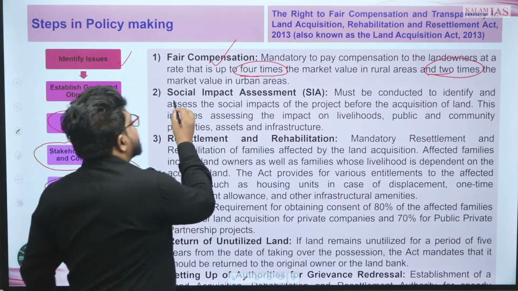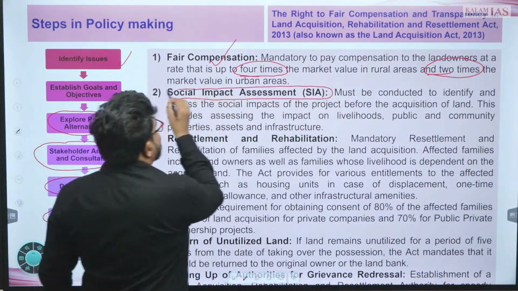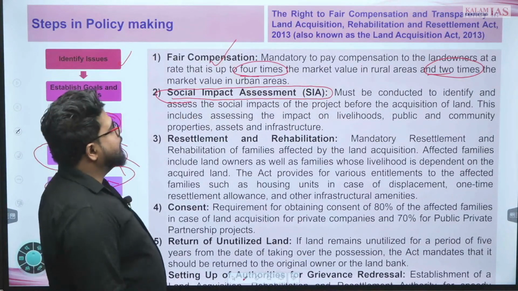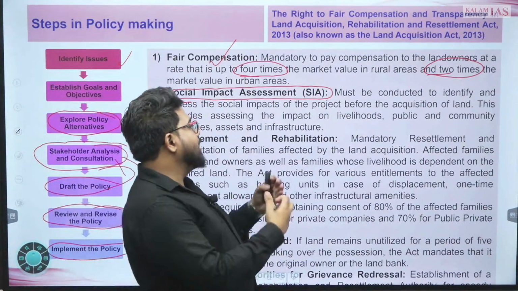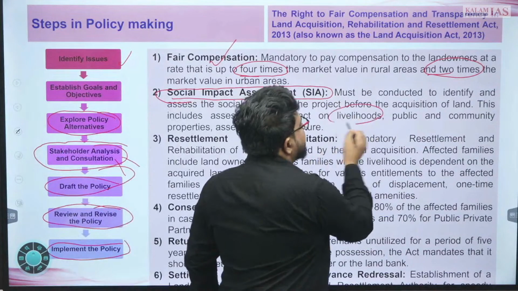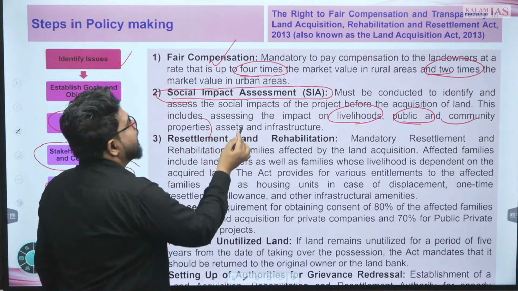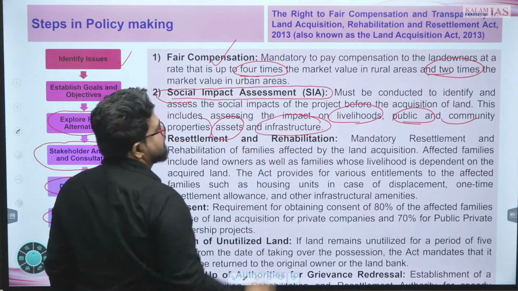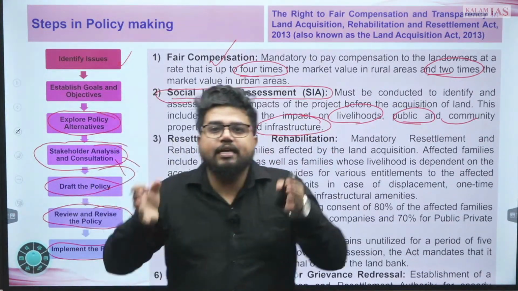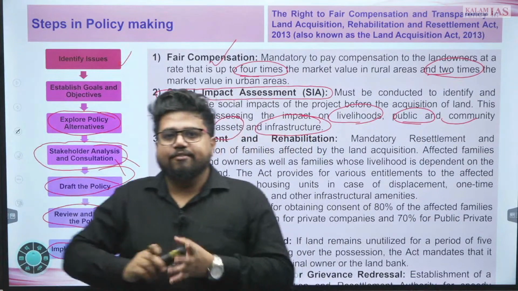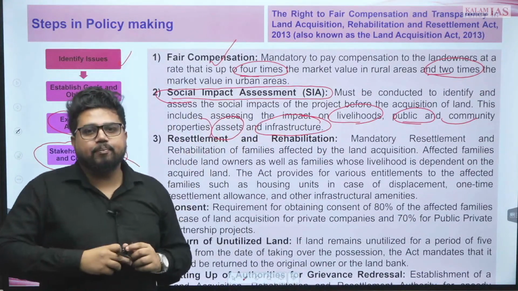Going ahead, there should be a social impact assessment. What is social impact assessment? Every impact on livelihoods, on the public, on community properties, on assets, on infrastructure. All these elements should be taken into consideration, especially when we speak about developmental projects.